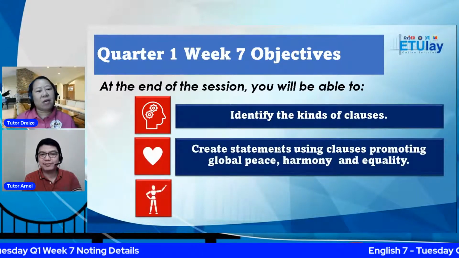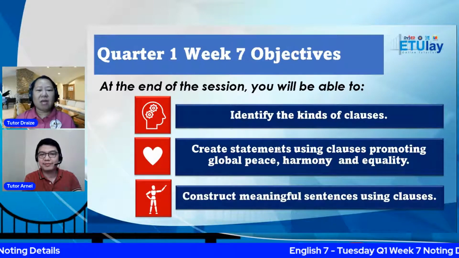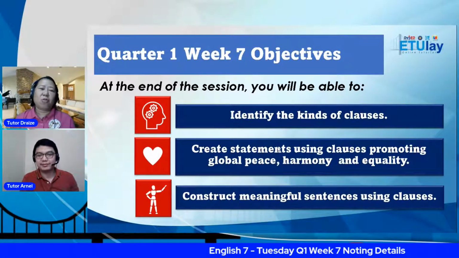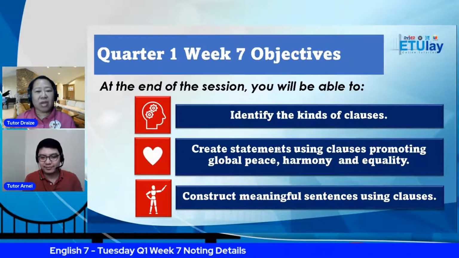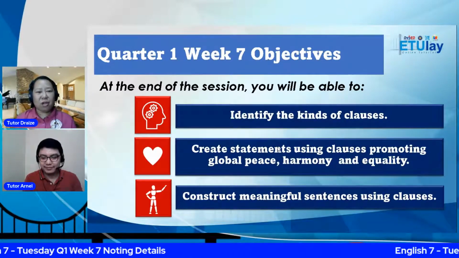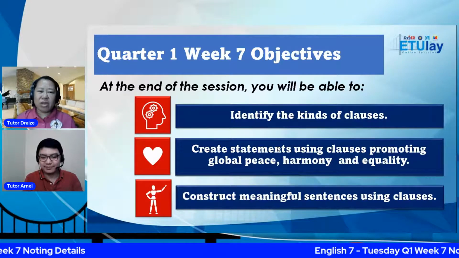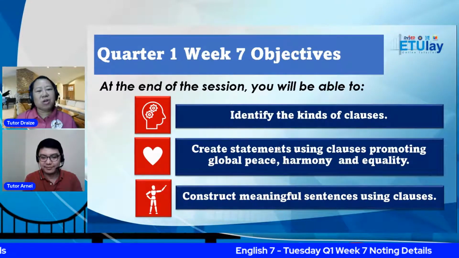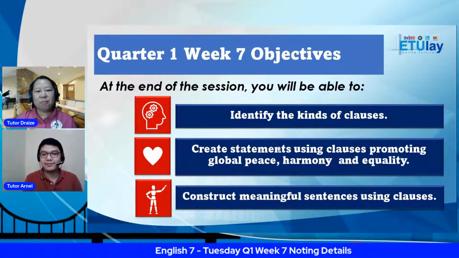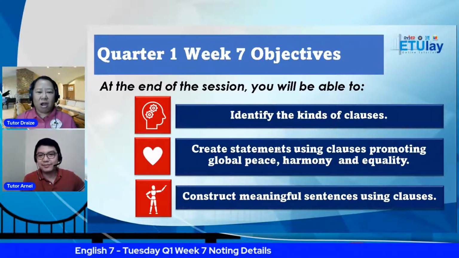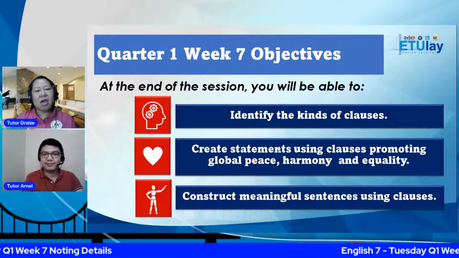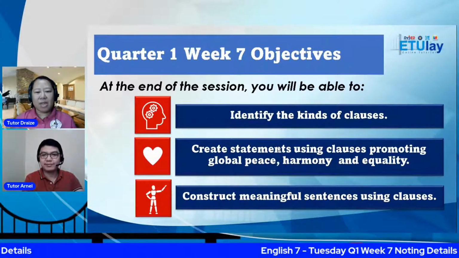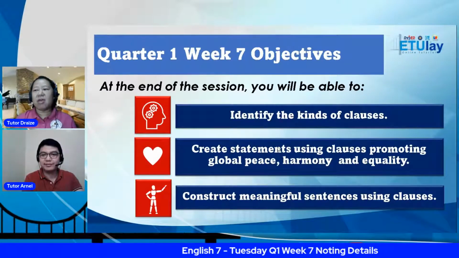Objective number one is our mind objective, the knowledge we will learn this afternoon: to identify the kinds of clauses. Then we have learning of the heart: to create statements using clauses promoting global peace, harmony, and equality. And of course, we also have skills: to construct meaningful sentences using clauses.